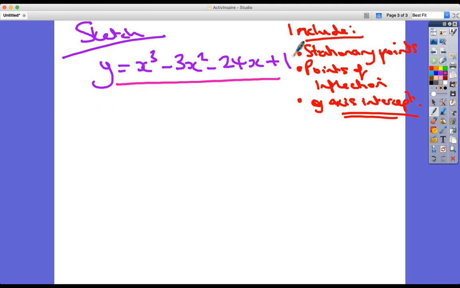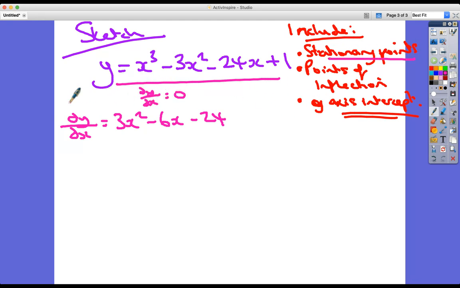Now, the first thing is stationary points. So dy by dx is equal to, in this case, 3x squared minus 6x minus 24. And I know when it comes to stationary points that dy by dx is equal to 0. Okay, so I'm going to set that equal to 0. I'm then going to divide through by 3.